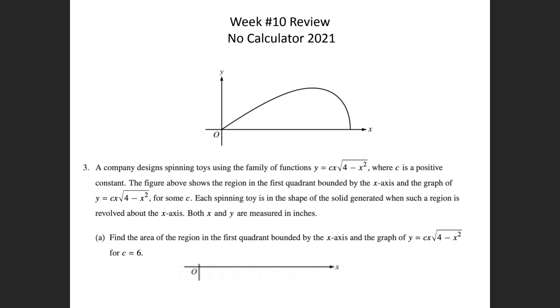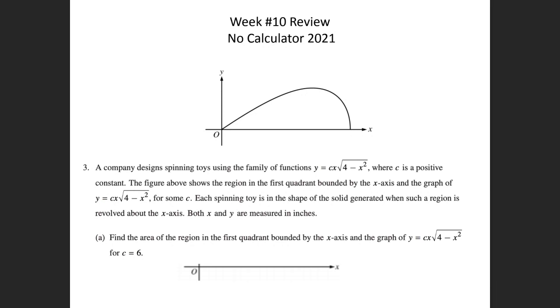In this problem, it says a company designs spinning toys using the family of functions y is equal to cx square root of 4 minus x squared, where c is a positive constant. The figure above shows the region in the first quadrant bounded by the x-axis and the graph of y equals cx square root of 4 minus x squared for some c.